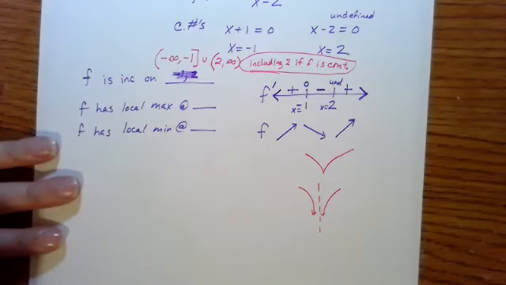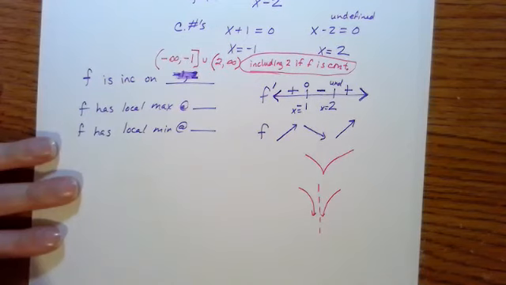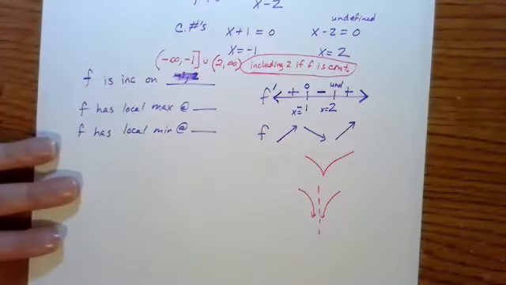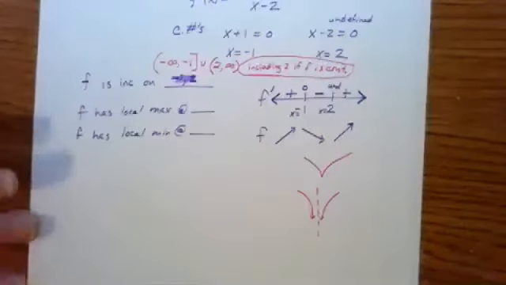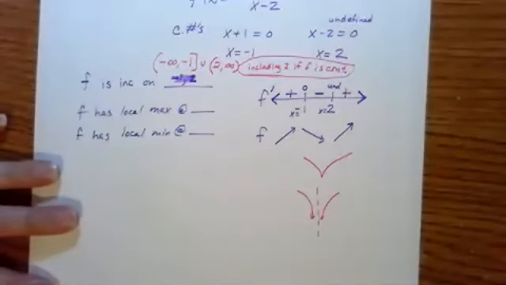No. I don't think it was on there. Okay. Well, that would be my comment. I don't know about if I would include 2 or not. I know I can include the open interval. I'm just not sure about the 2 because we don't know if F is continuous.